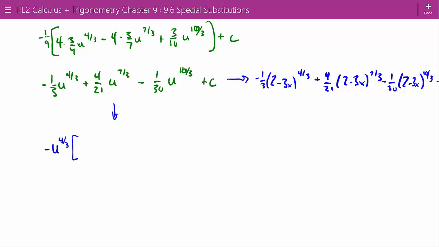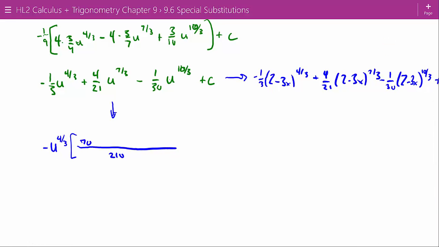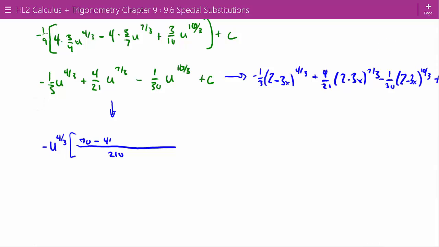And these fractions, I need a common denominator. And the common denominator here is 210. So my numerator, once I have common denominators and I've worked on this, what I should end up with is 70 minus 40u plus 7u squared plus c.